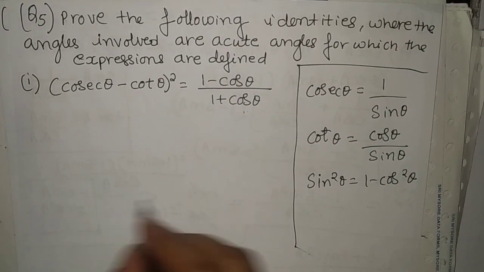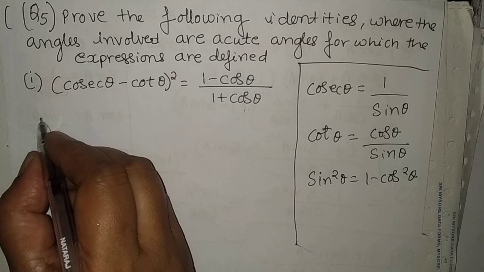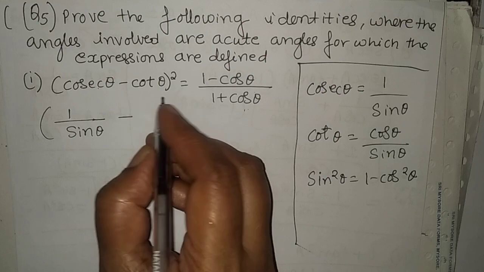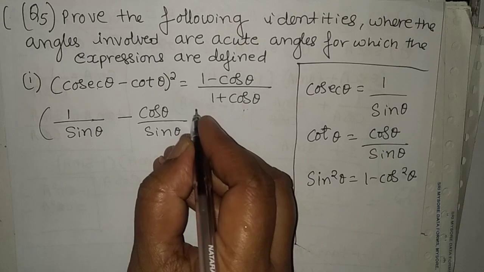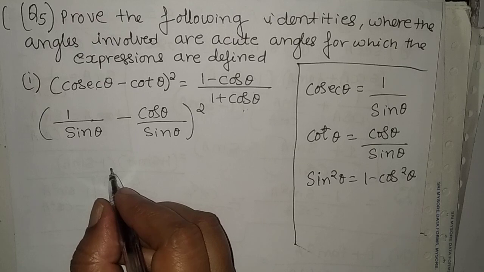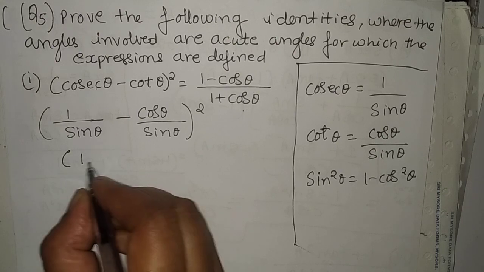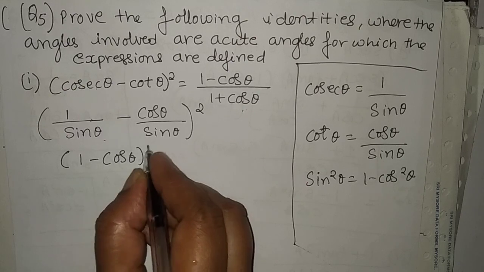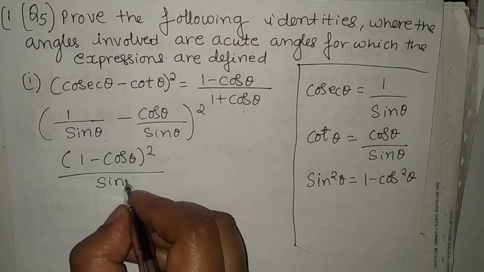Now we start substituting: cosecant theta is 1 by sin theta, then cot theta is cos theta by sin theta, the whole square. Since the denominator is common, we can write cos theta the whole square by, since sin is common, sin square theta.